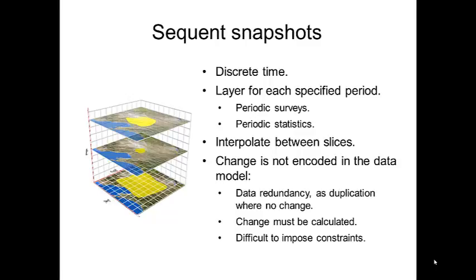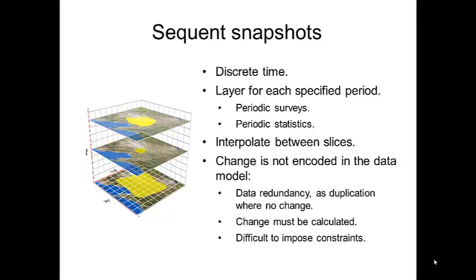It's also quite difficult to impose database constraints across this. So for example, if there was some other thing that could never occur within this area, then you could have a temporal constraint. Perhaps this is a flooding area, I don't know, and you can't build certain types of building in a flooding area.